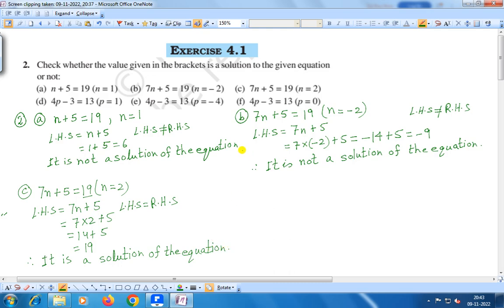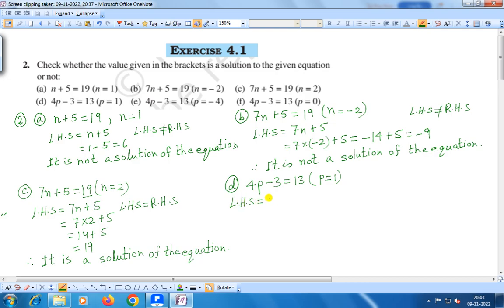Now, question number D. Question number D is 4p minus 3 is equal to 13 and the value of p is 1. Then we find the value of left hand side.